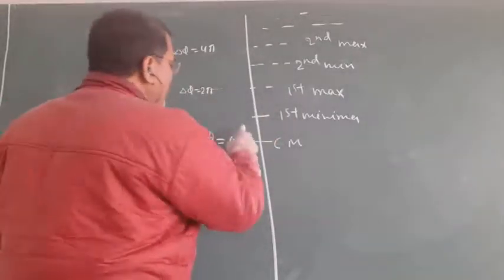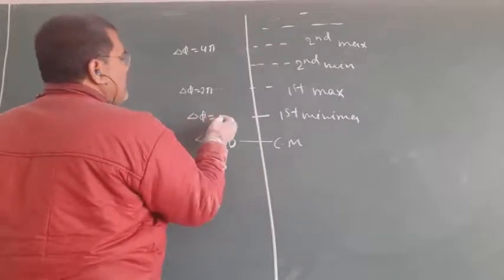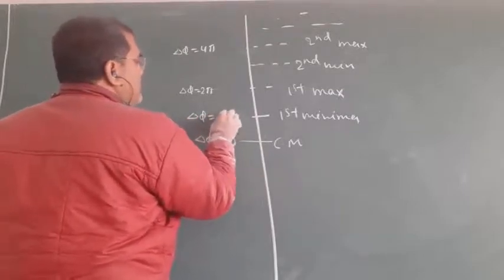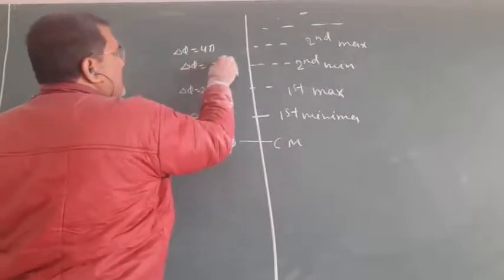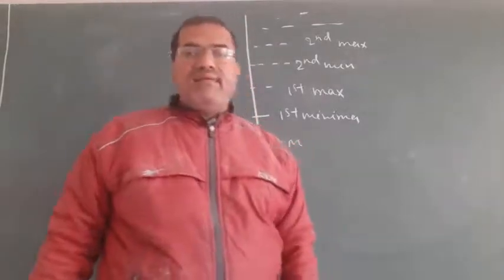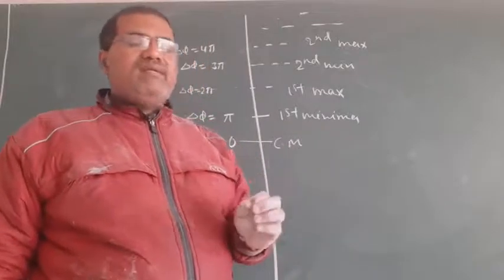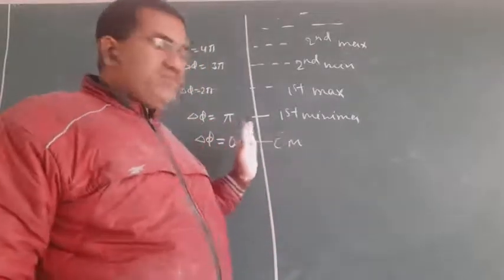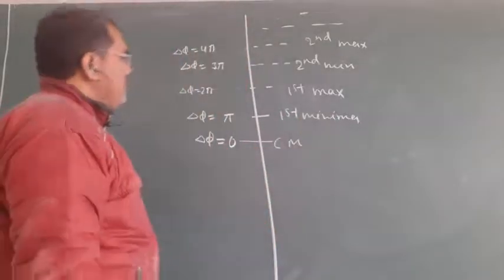Similarly, minima are obtained when the phase difference is pi, 3 pi, 5 pi, and so on. So this is very important.